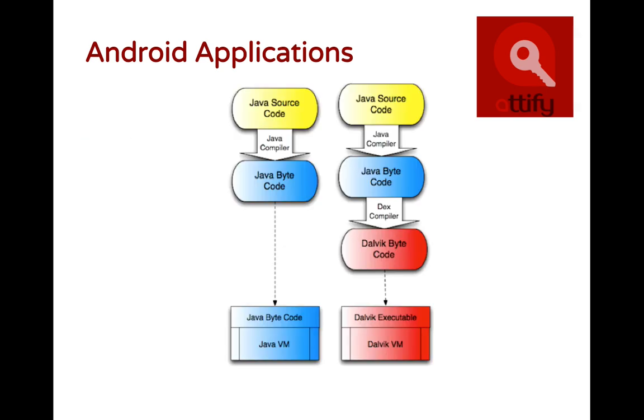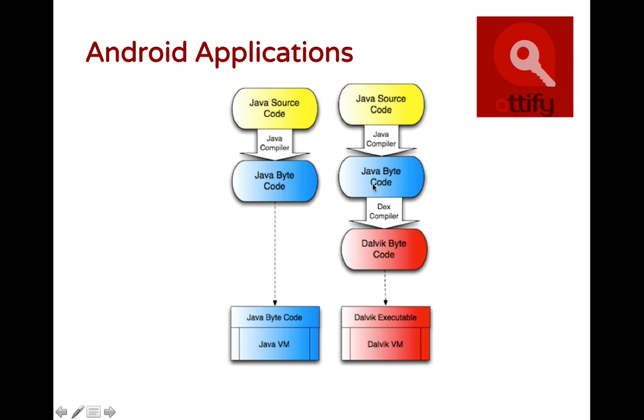Whenever a developer creates an Android application, the original code is written in Java if it is made using the SDK, or software development kit. Once all the code has been written in the Java language, it gets compiled using javac, the Java compiler, and Java bytecode is created, right?